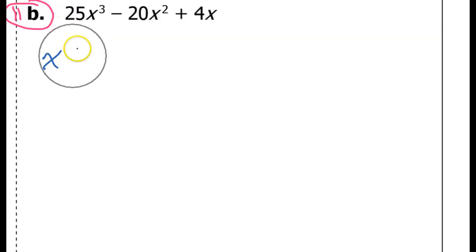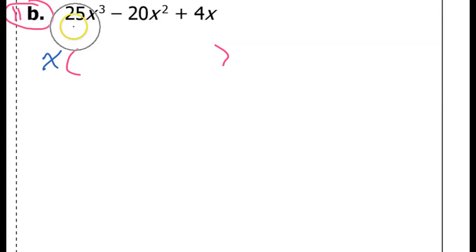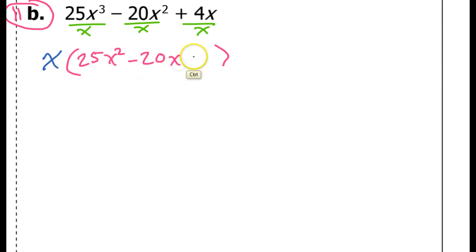So, once I pull that x out, I'm going to have to put the leftovers in parentheses. To figure out what goes inside, I will divide by my GCF. So then I realize that what I have is 25x squared minus 20x plus 4. That's what's left.